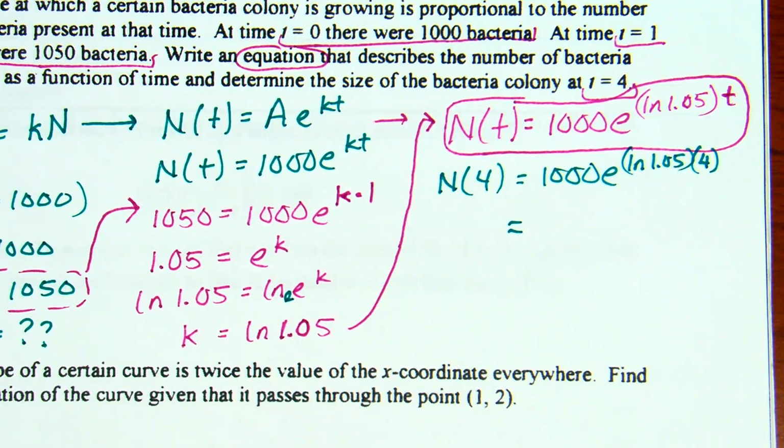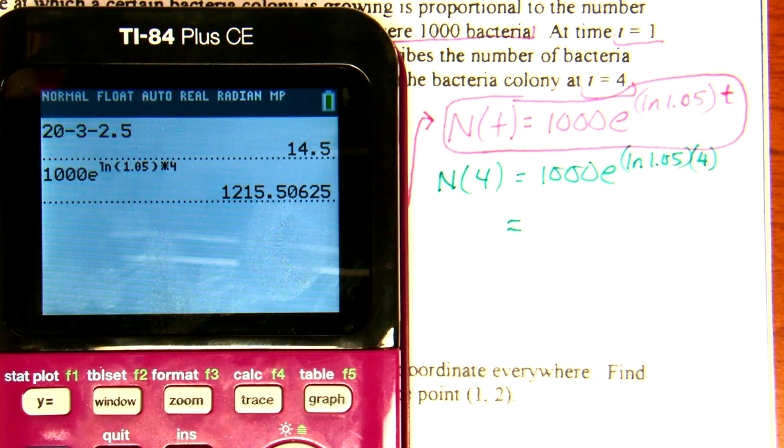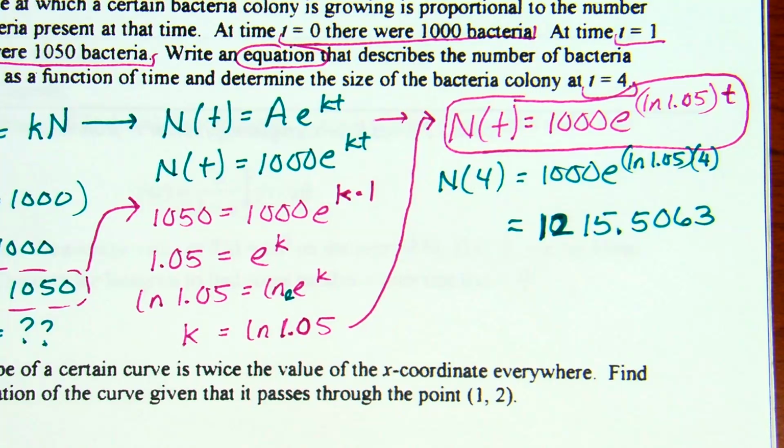I don't think so. It's a number. There's 2 ones in there. I have 1,215.50625. So if we go for 4 decimal places, 1,215.5063, or 1,215.506 if you go for 3 decimal places.